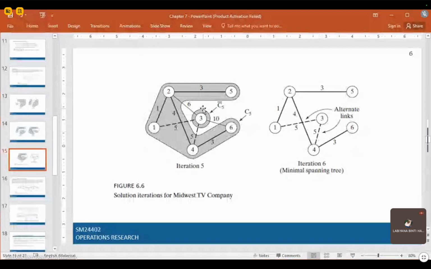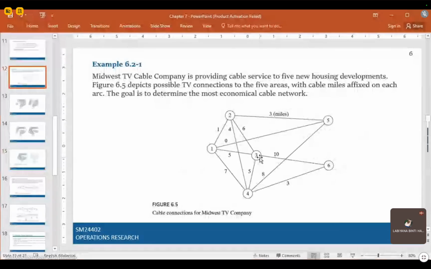The last one, we only have node 3 left. Let's look at this again. Node 3 is the only node left, but to connect to 3 there are two options, and the distance is the same, 5 and 5 miles.